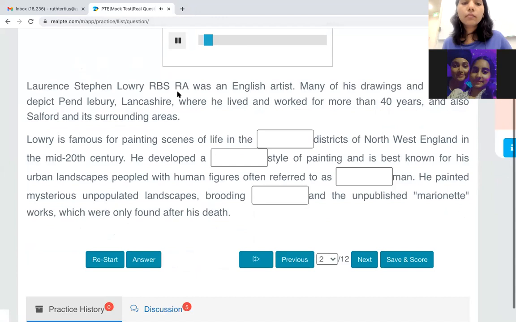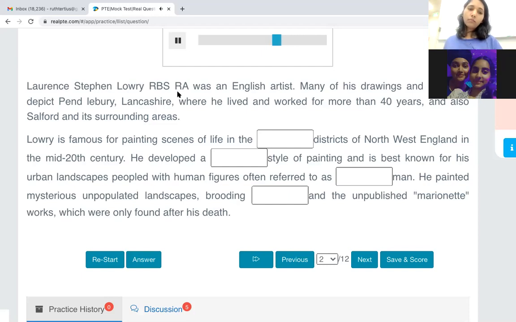Lawrence Stephen Lowry. Lawrence Stephen Lowry, RBS, RA, was an English artist. Many of his drawings and paintings depict Pendlebury, Lancashire, where he lived and worked for more than 40 years, and also Salford and its surrounding areas. Lowry is famous for painting scenes of life in the industrial districts of northwest England in the mid-20th century.